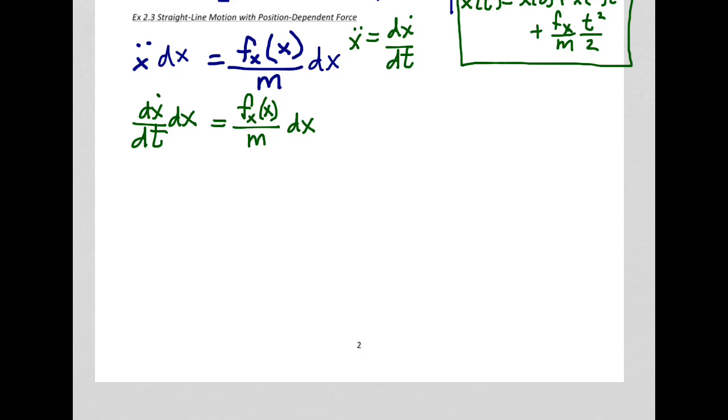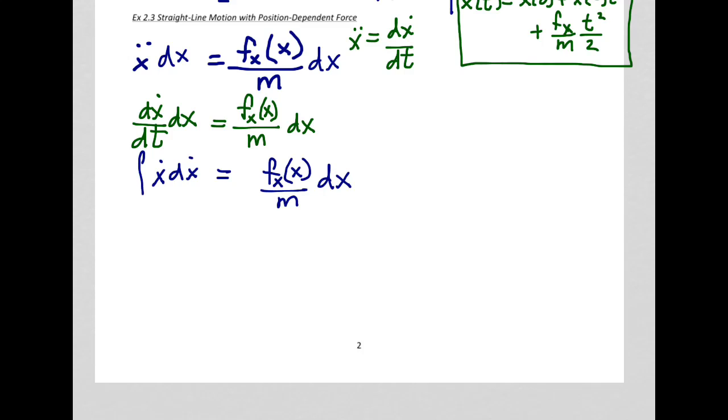And so now we have x dot dx dot is equal to all the expression on the right hand side, f sub x as a function of x divided by m dx. So now we have everything in terms that we like. It's x dot, and the integrating variable is x dot. On the right hand side, it's f of x as a function of x divided by m, and the integrating variable is x. So now we're ready just to integrate.